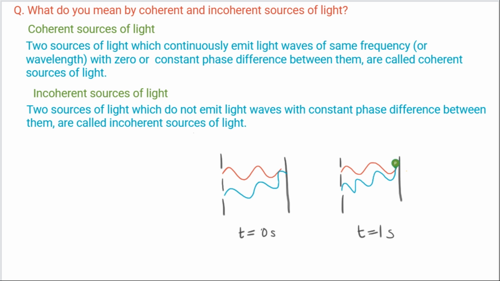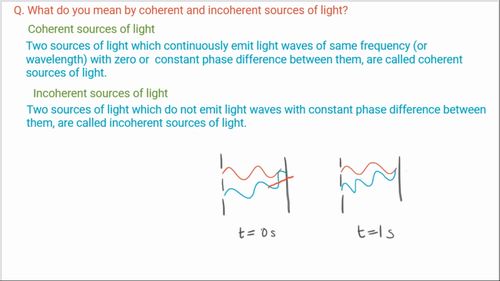Now can you see there is a difference in the path difference? We kept everything the same for this Young's double slit apparatus. The only difference is that instead of coherent sources of light, I have used incoherent sources of light.